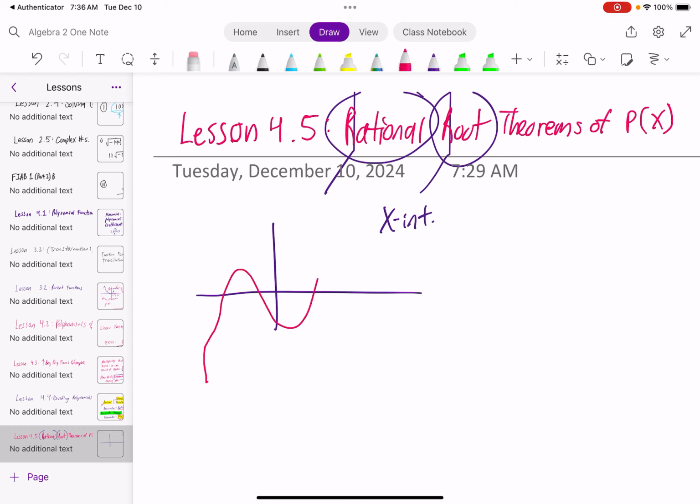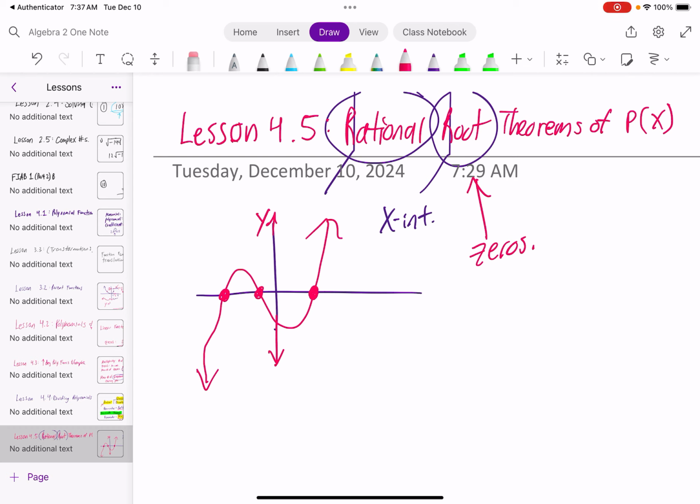Let's say it goes like this, and you say, hey, what are the roots of this function? And you say, oh, the roots are here. Where are they? They're here, here, and here. These are the roots of the function. These are the zeros of the function. This is where the y value is equal to 0, right?